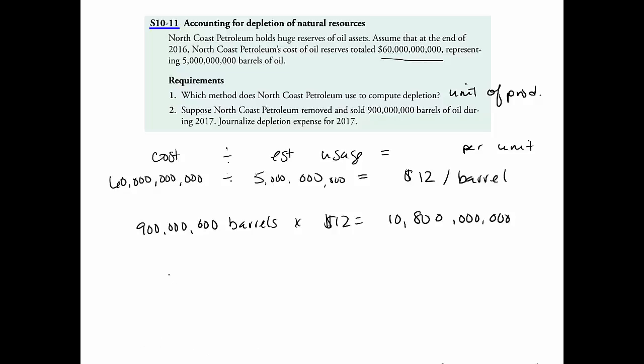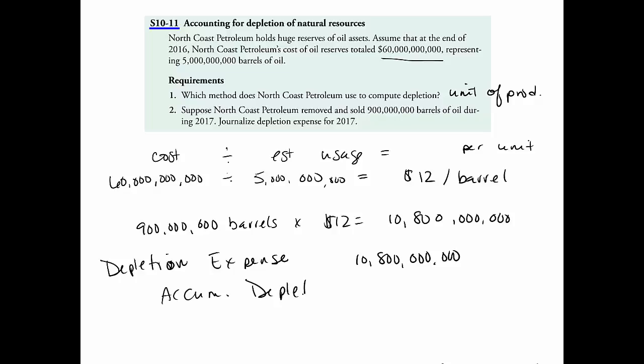My checkbook doesn't go up quite that high. So the journal entry will be depletion expense, a debit for 10.8, and a credit to accumulated depletion 10.8. So it works just like depreciation, except I call it depletion instead.